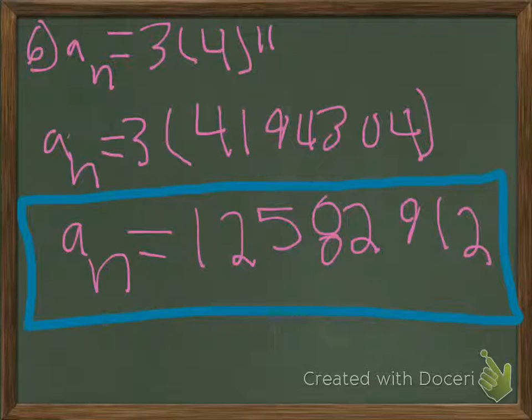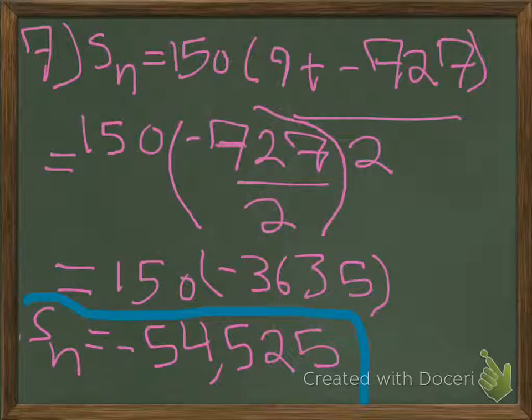You always do exponents before multiplying, so you get 41,943.04. And when you multiply those two together, you get an equals 1,200,125,82912.